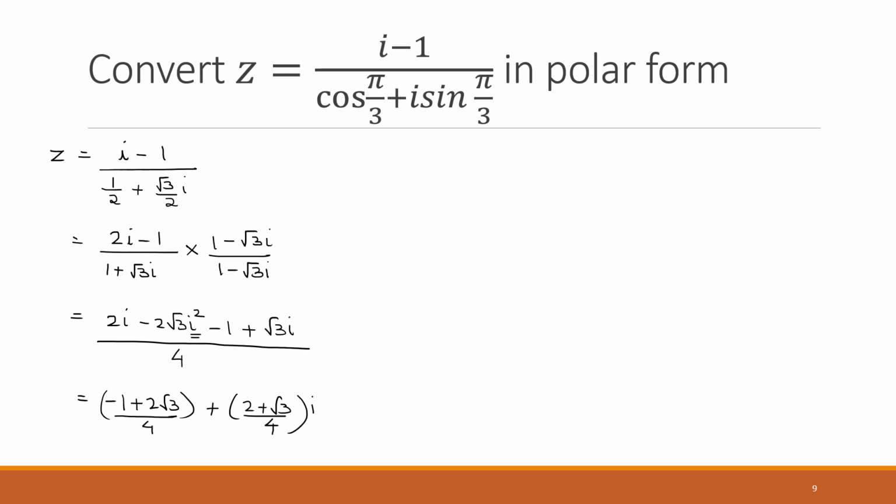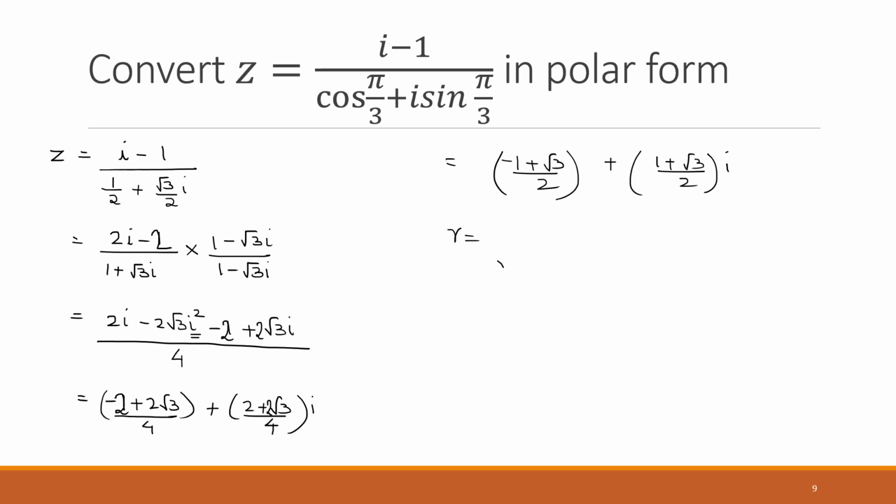So 2 goes up. Oh, sorry. There should be 2i − 2. Sorry for the mistake. So 2i, this becomes 2, right, and this becomes 2√3 i. Am I right? So 2i, 2√3, correct, −2 + 2√3 i. So how much will this become? −2 + 2√3 and 2 + 2√3. That is, this will become (−1 + √3) upon 2 as the real part, (1 + √3) upon 2 as the imaginary part. Correct. Now I convert this into polar form.